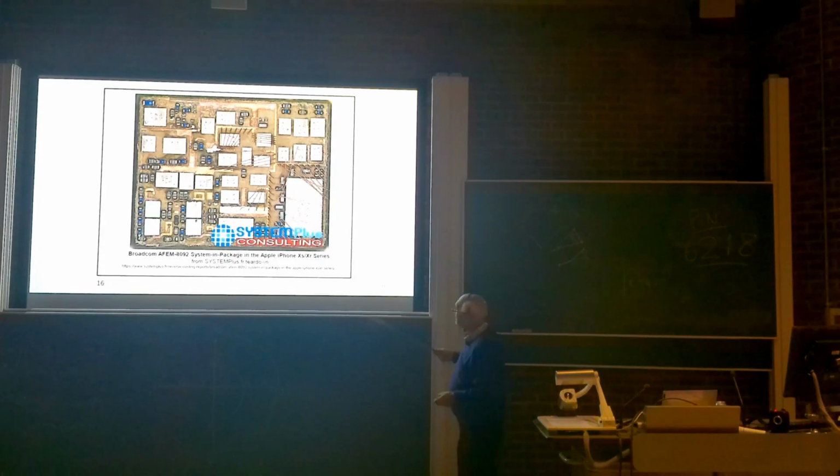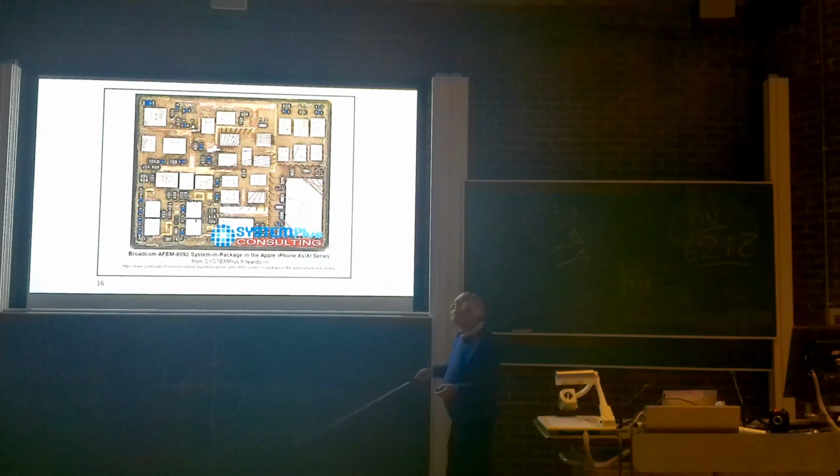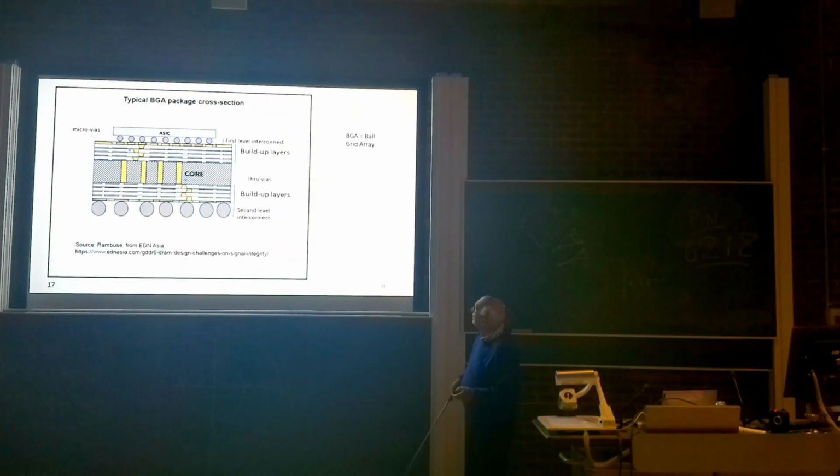So, right, this again gives you some idea of the mixing of the chips. This is really system in a package. The Apple iPhone series, that's a fairly early one, which was there, and things stitched together with wires going from one chip to another, etc. Mainly the RF kind of stuff.